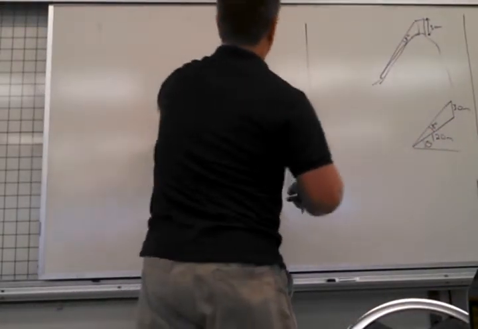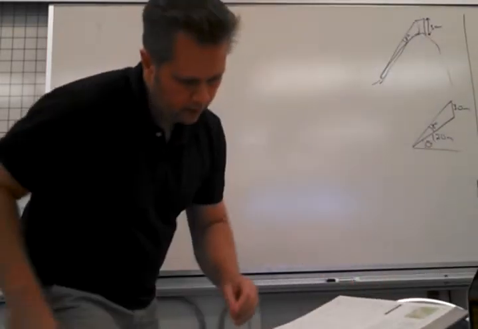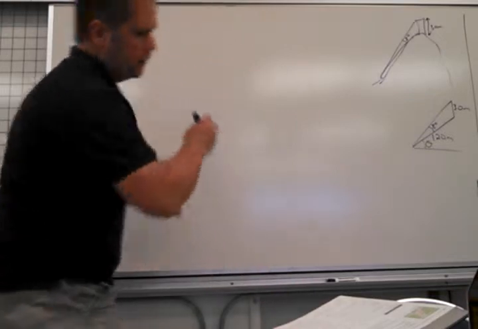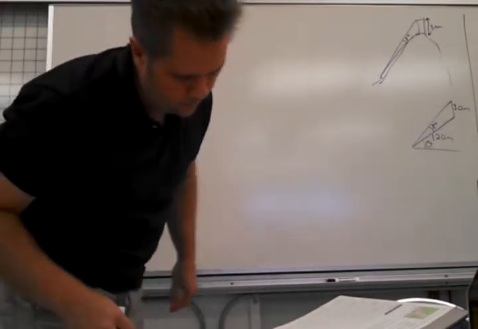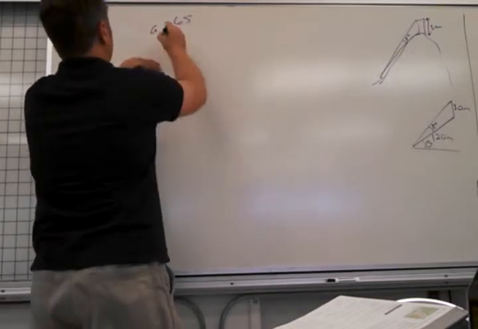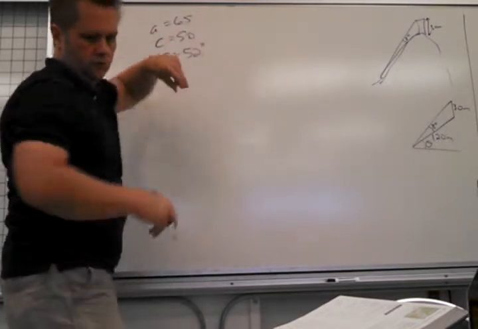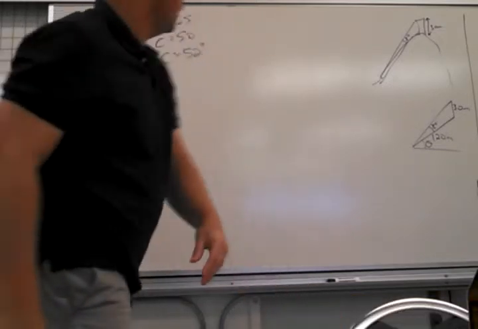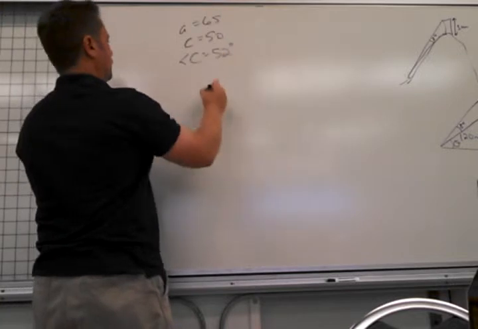So here's another one. They just give you the lengths of the sides and the angle. Let's see. So they tell us A is 65, C is 50, and angle C is 52. Okay. So again, it doesn't really matter. You can be a little careful if you want to be.